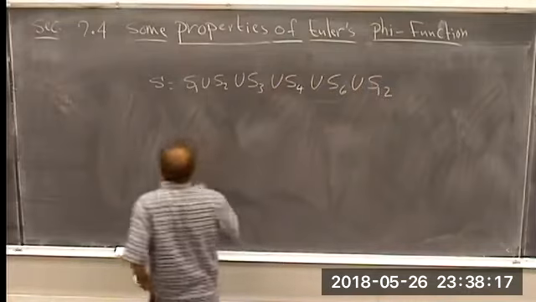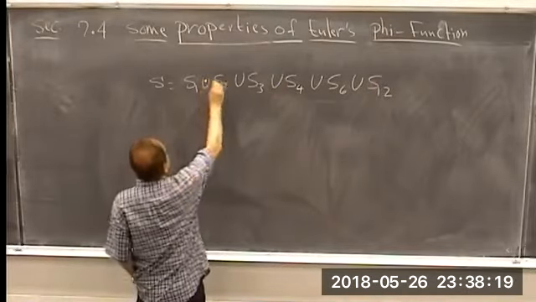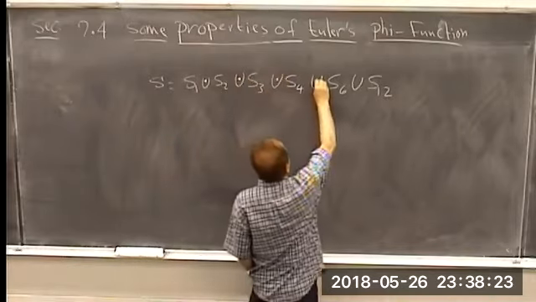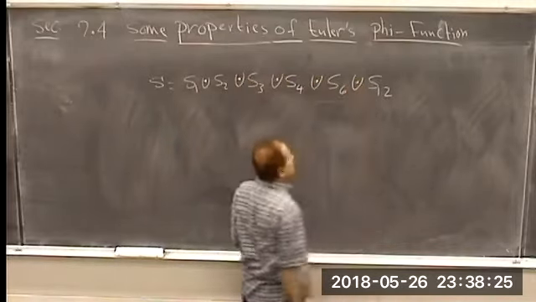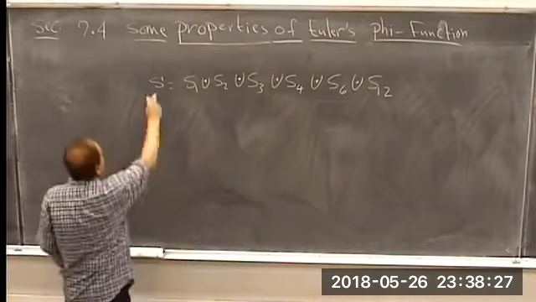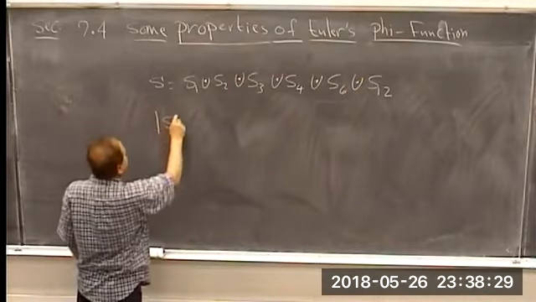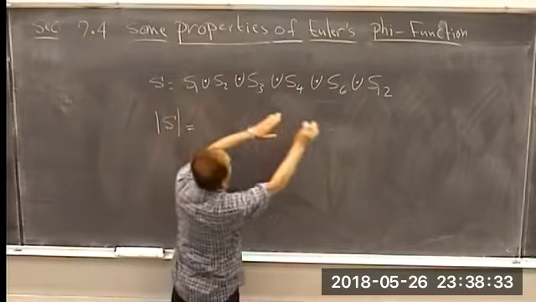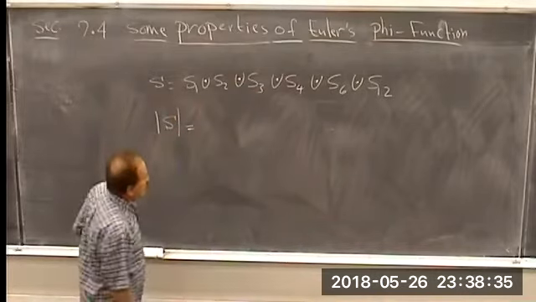And this union is disjoint, so we put a dot in the union sign, meaning each one of these sets is disjoint. So when we take the number of elements here, this is going to be the sum of the numbers of elements in each one of these subsets.